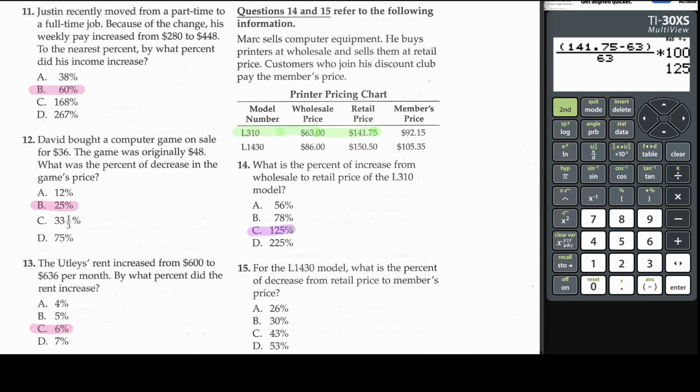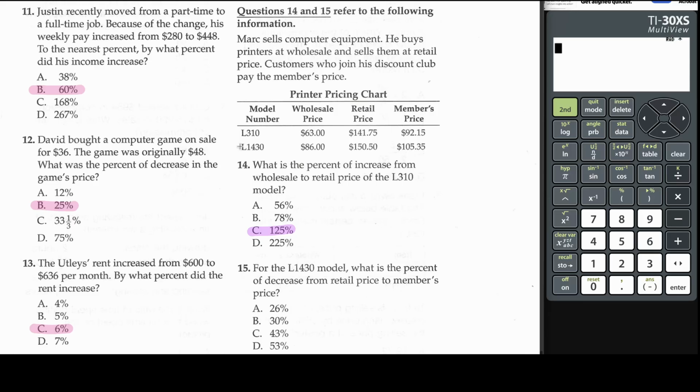Press C or click C on your part. Clear the screen. For number 15, it says for the L1430 model, what is the percent of decrease from retail price to members price?